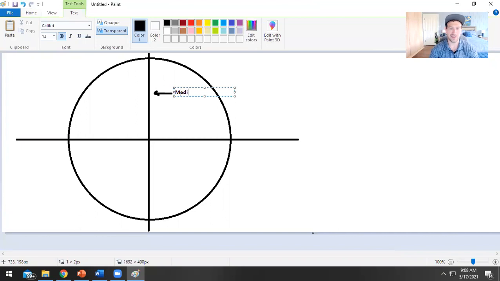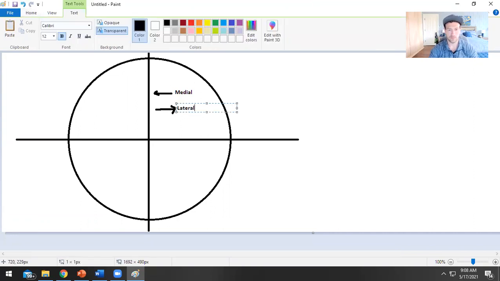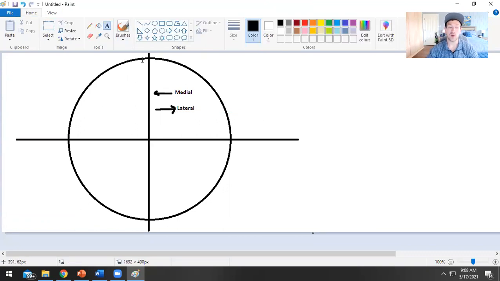This would be considered medial. And then if we were further away from that midline, going in totally the opposite direction, like this, that would be considered lateral. If we were above this line, going upwards, this would be considered superior.